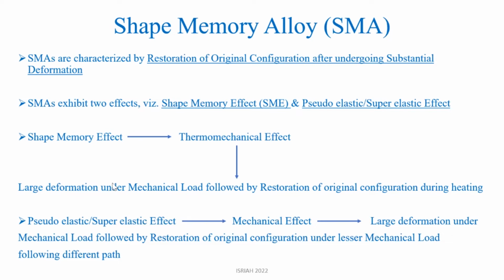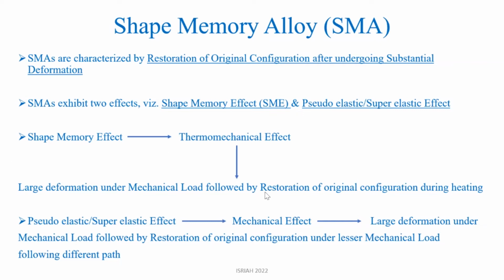The shape memory effect is the effect when the shape memory alloy is deformed by applying a huge stress, and it appears that it has been permanently deformed. Even after the force is withdrawn, even after the stress is withdrawn, it retains most of the deformation, most of the strain.